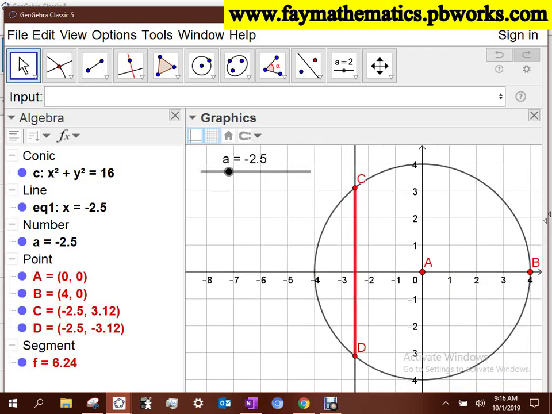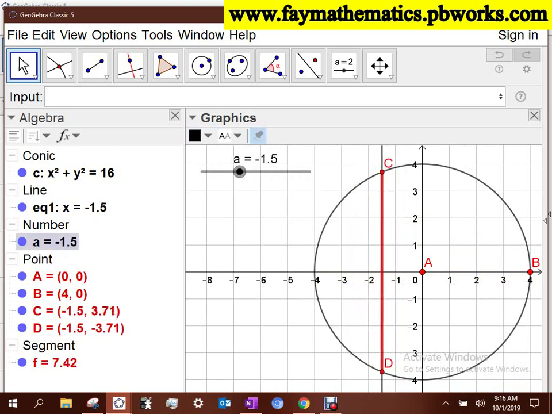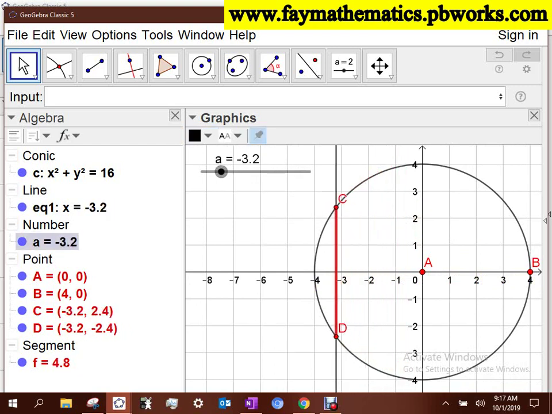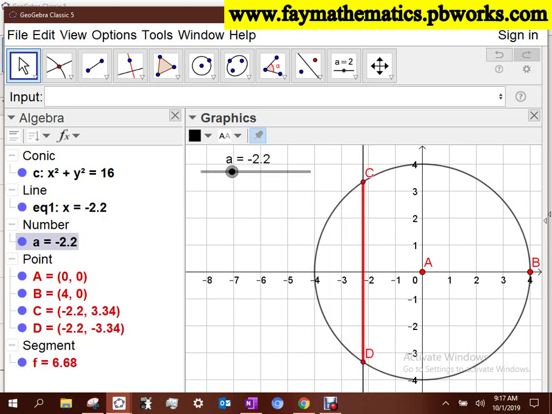Oh, okay. So which one's the secant? Is it the red one or is it the line? Well, your point is there's both out there. All right, so the red one is called a chord. A chord is a segment whose endpoints lie on the circle. A line that contains a chord is called a secant. So that black line that's passing through my circle 2 times is called a secant.